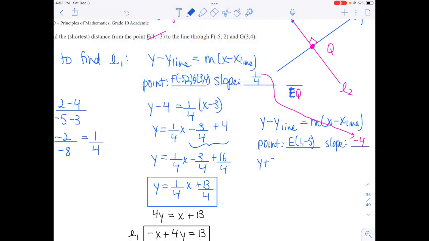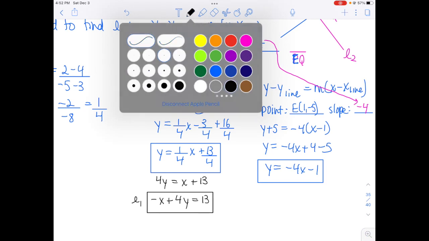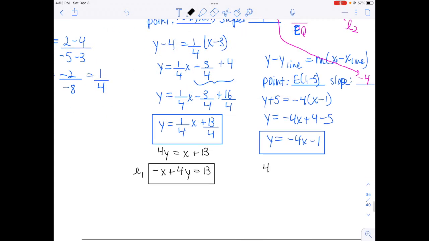So we've got y plus 5 equals -4(x minus 1), y equals -4x plus 4 minus 5, y equals -4x minus 1. So this is L2, and we're going to rewrite it as 4x plus y equals -1.